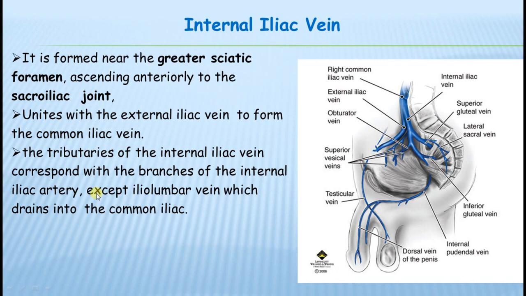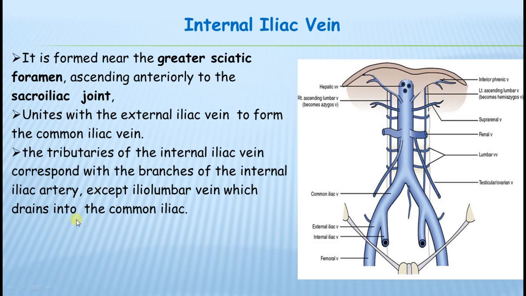Except for these, the other veins correspond to the branches of the internal iliac artery: superior gluteal vein, inferior gluteal vein, vesical veins, middle rectal veins. So that is the formation of the common iliac vein after the union with the internal iliac vein at the level of the sacroiliac joint.